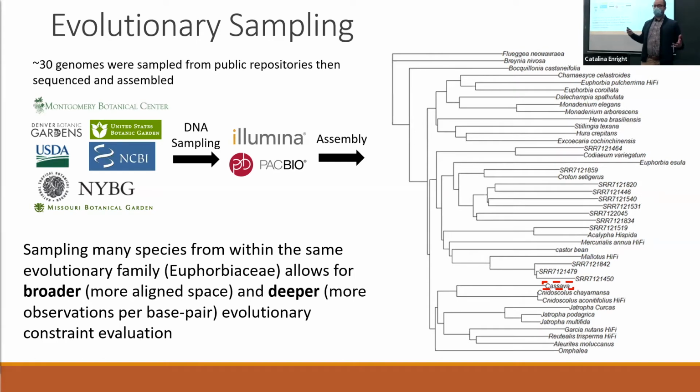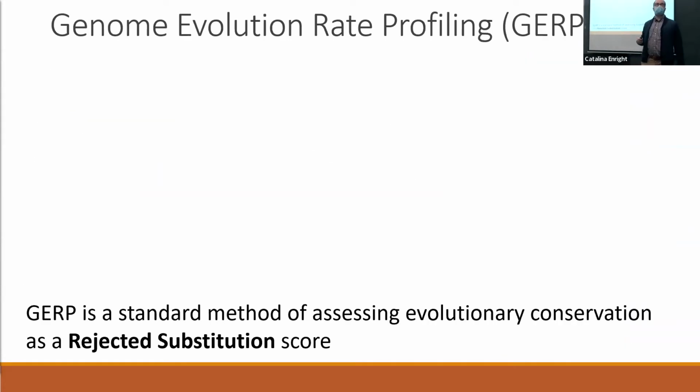So what do we do once we have this? We use a tool called Genome Evolutionary Rate Profiling, or GERP. Very simply, it's a method of evaluating evolutionary constraint. It produces something called a rejected substitution score.